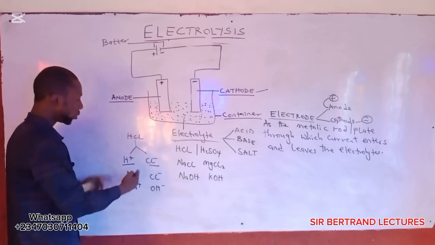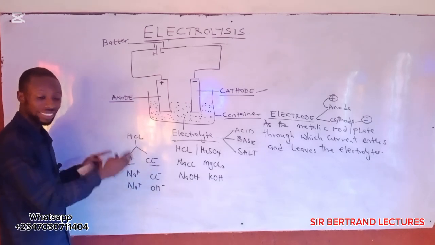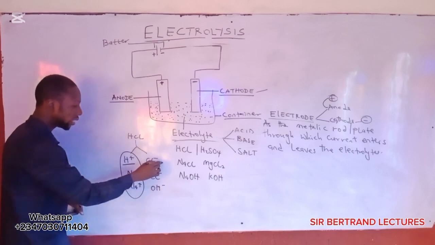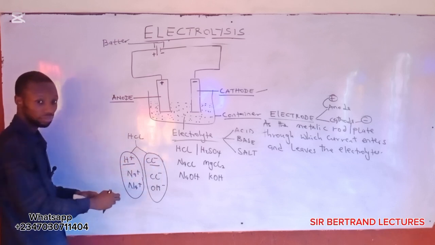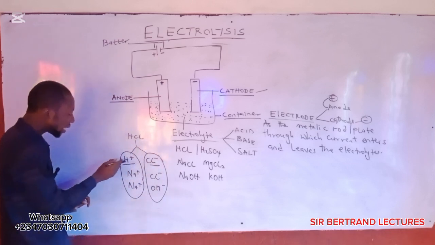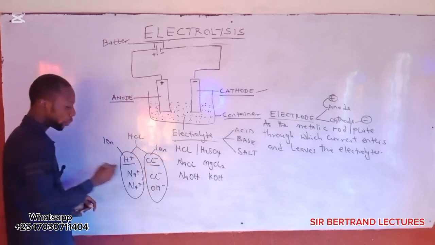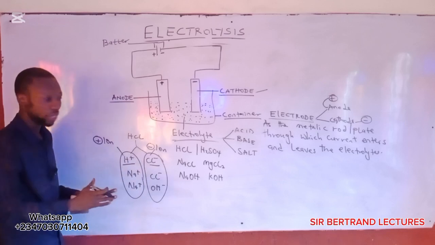Okay, now if you look here, you see that they have equal opposite charges. This one is positively charged and this one is negatively charged, of equal charges. Now these that are formed here are ions, positive ions and negative ions.